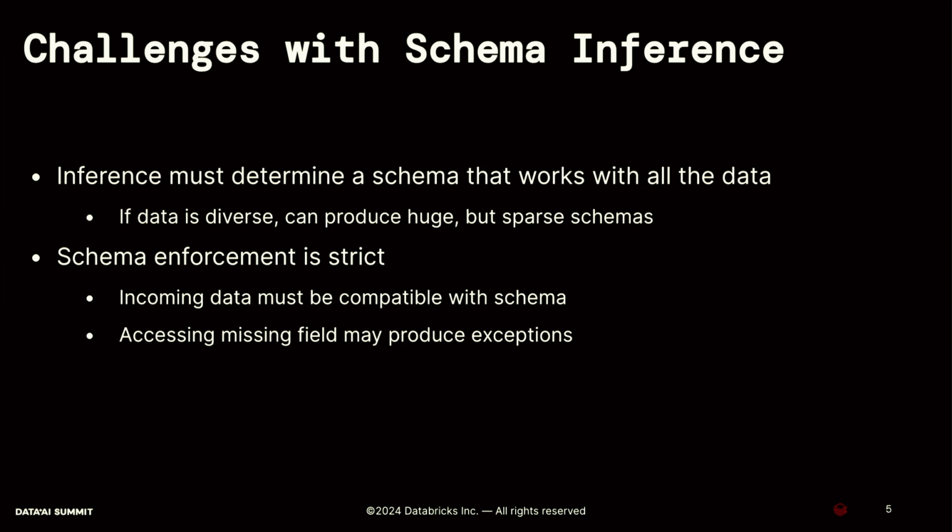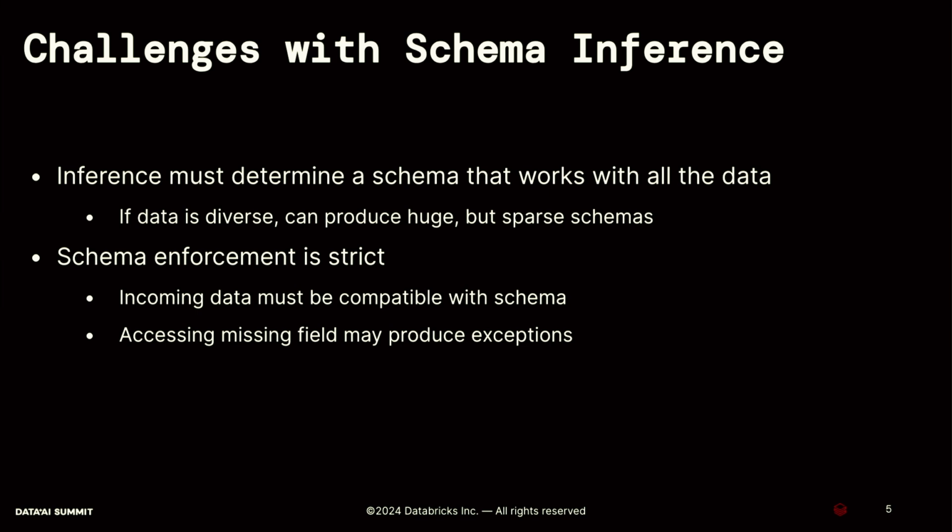However, there are some challenges to this approach. The main challenge is that the schema inference that we have to do has to fit all the data that it sees. So we could potentially produce a schema that is very large because it needs to fit all the data it has seen.